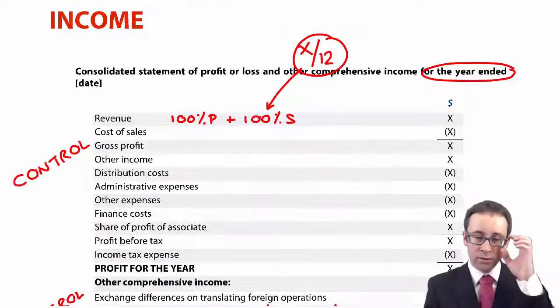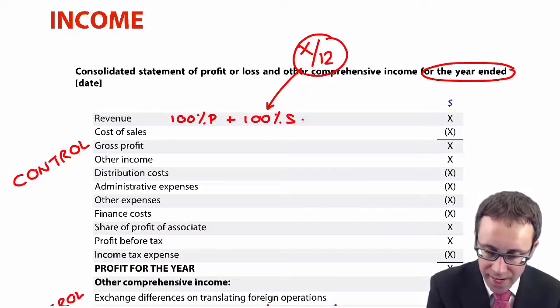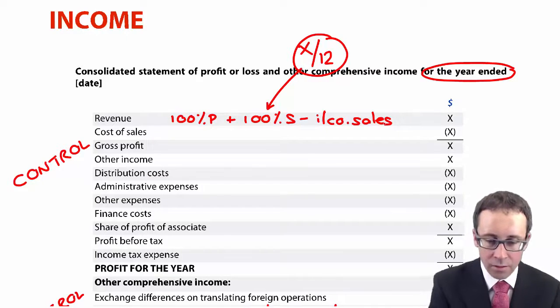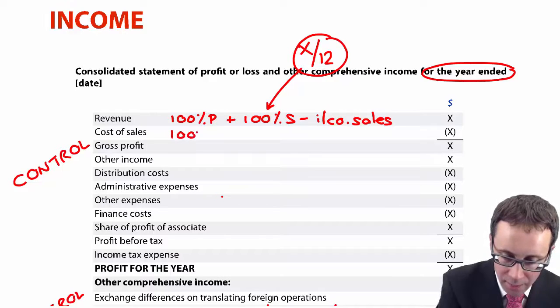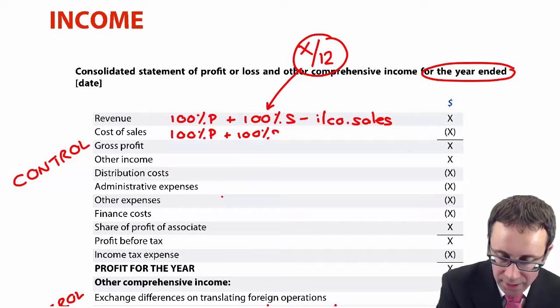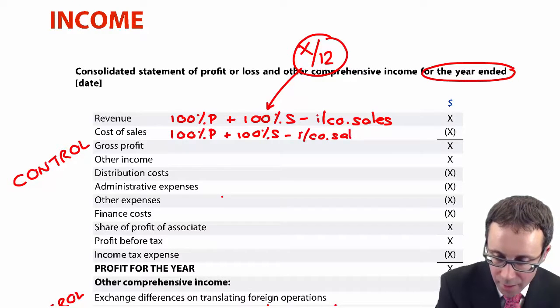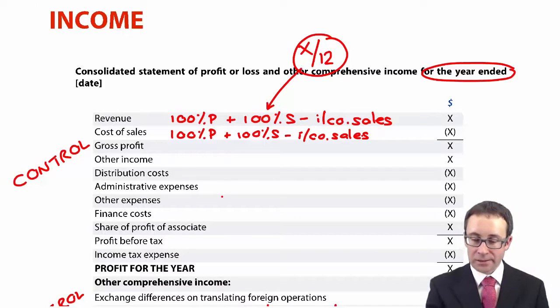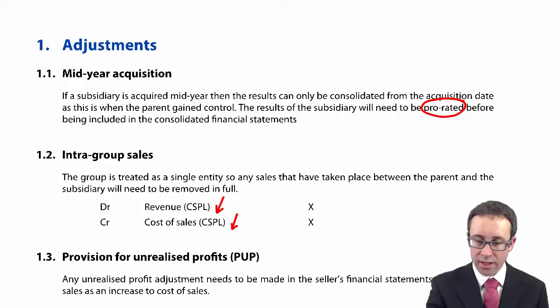On your revenue, it's 100% of P plus 100% of S, and then we deduct the intra-company sales. For cost of sales, again, it will be 100% of P plus 100% of S, and again I deduct my intra-company sales. Everybody happy with that? Same figure that we adjust through revenue and through cost of sales.